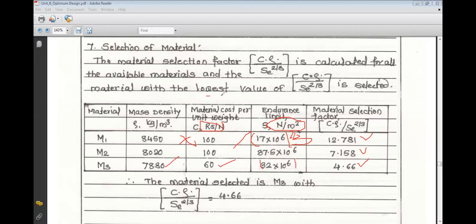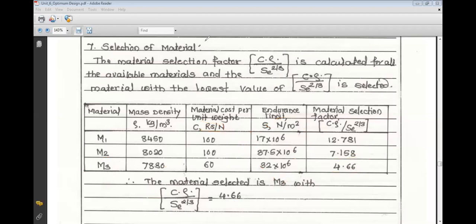Now the lowest value is 4.66, so we select the lowest value, which is M3. The material selected is M3, material 3, with the material selection factor of 4.66.